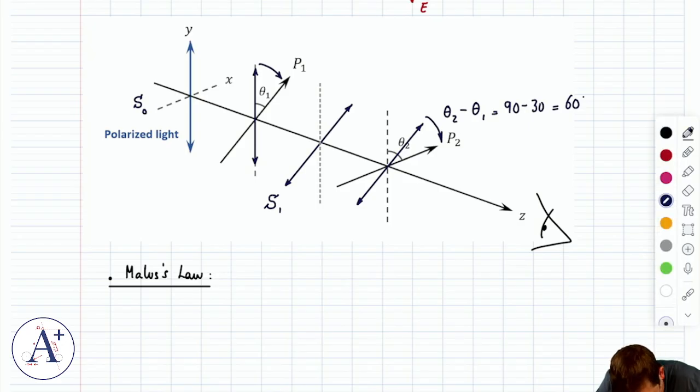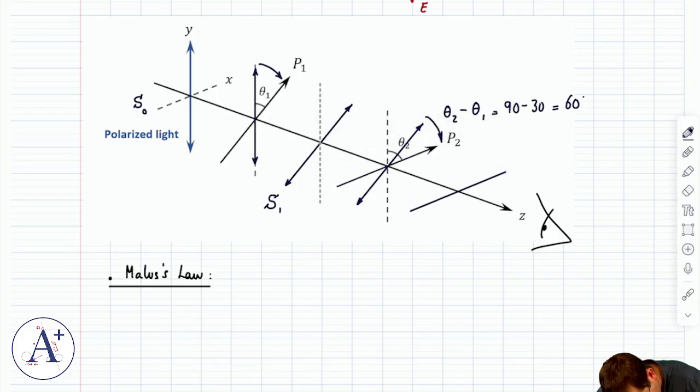If we call the intensity of the light that emerges from P2, this light coming out of P2, S2, then we're going to say that S2 is equal to S1 cosine squared of theta 2 minus theta 1.